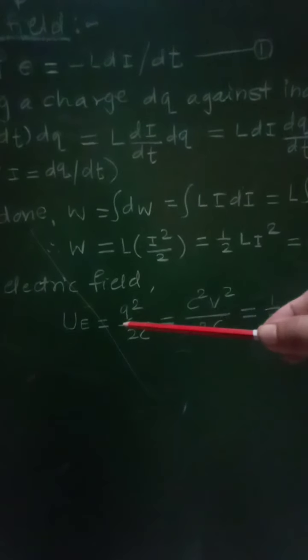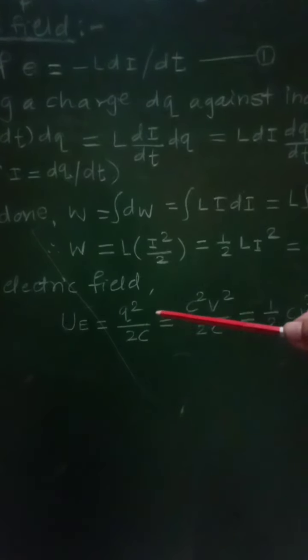Similarly, we know that the energy stored in the electric field, as we have seen in the chapter on electrostatics, is the electric energy UE equal to q square upon 2C, where q is the charge and C represents the capacitance.